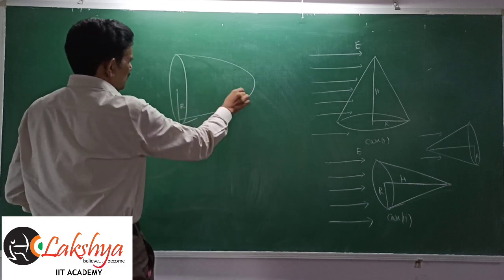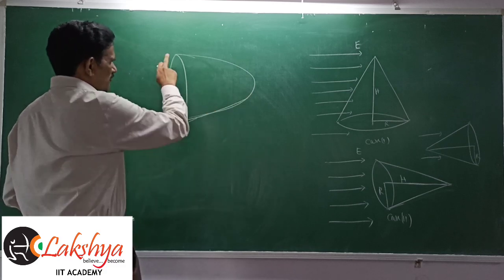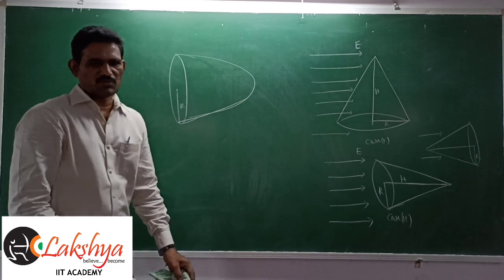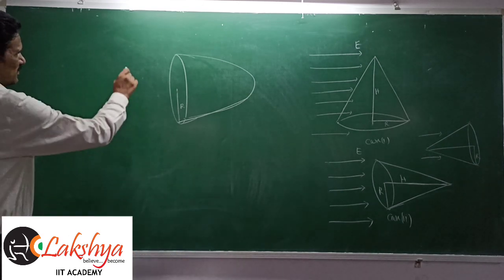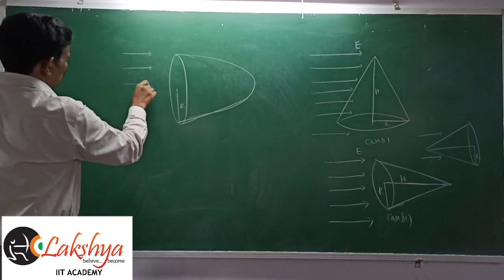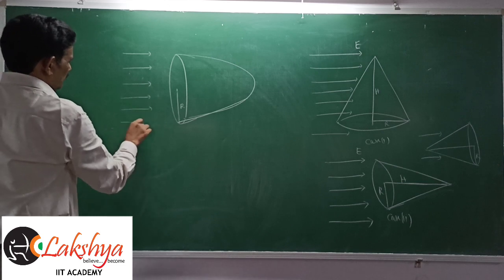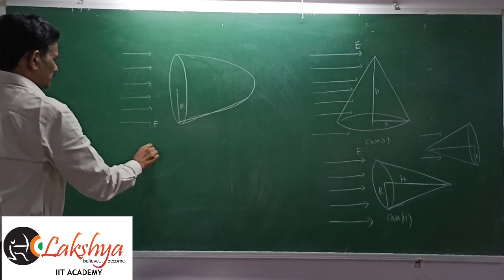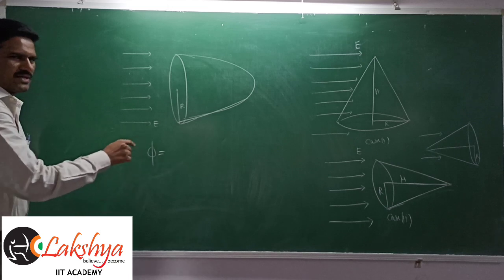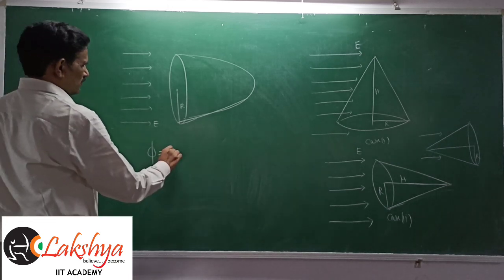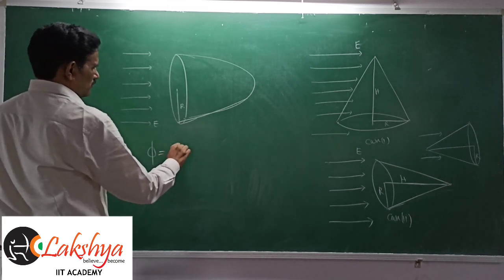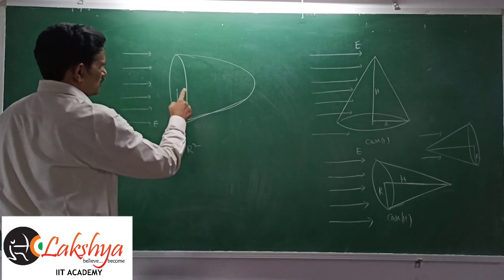Even then its base is a circle. Even if it is placed in a uniform electric field of intensity E like this, the flux passing through it we can write as E into pi r square.